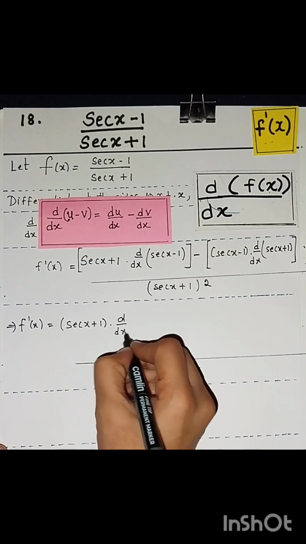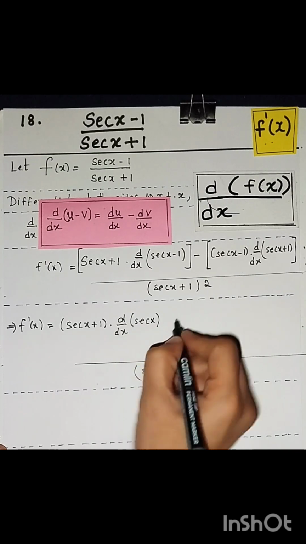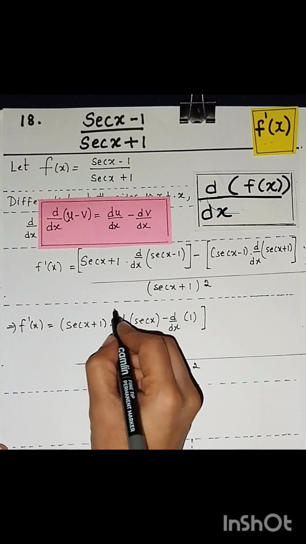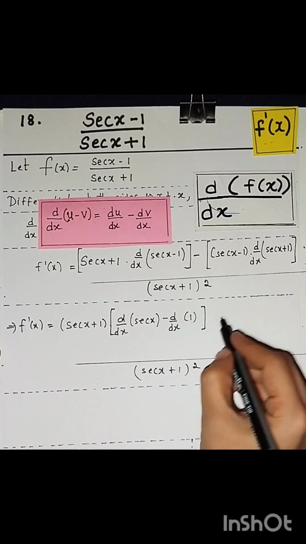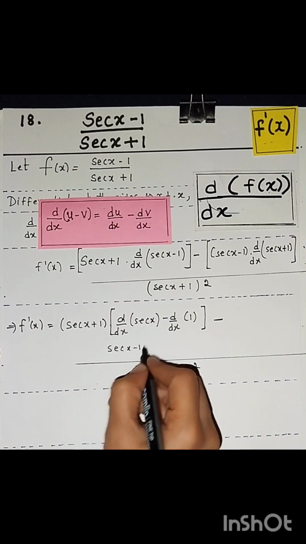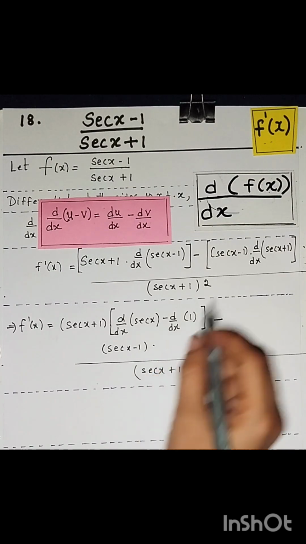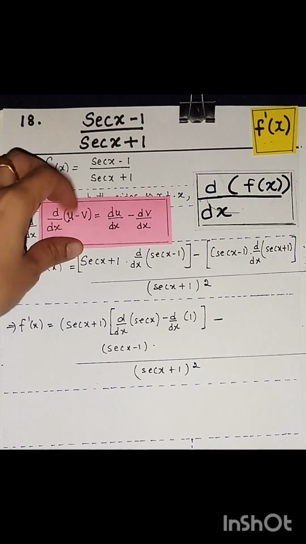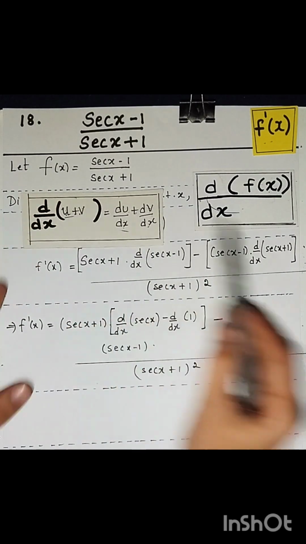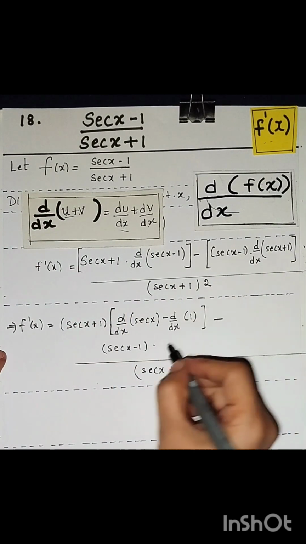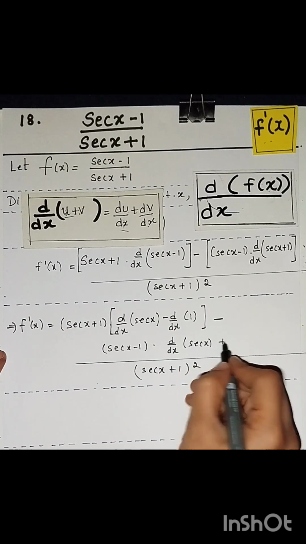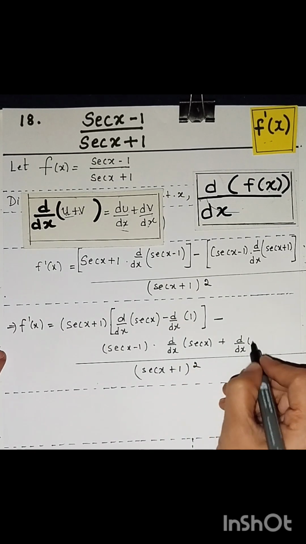So we get d by dx of secant x minus d by dx of 1. Right? Minus, I will write here, secant x minus 1 into d by dx of secant x plus 1. We will apply the u plus v rule, u plus v. So we get d by dx of secant x plus d by dx of 1.